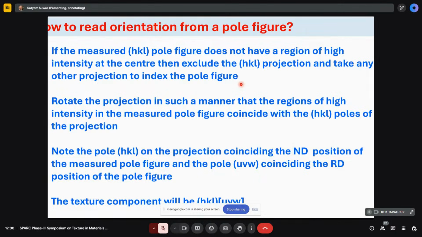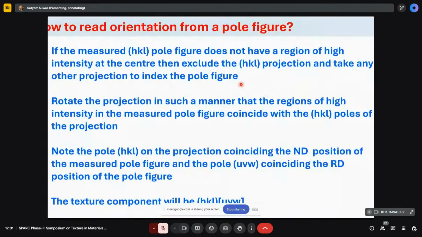The plane will always be the plane parallel to the sheet plane, which is the center of the stereogram, with the help of which you are able to index it. But the direction will change after rotation. So your direction may be, instead of 100, 110. If you have to rotate by 45 degrees and then it coincides with all the high intensity points, then it will be 001, 110.